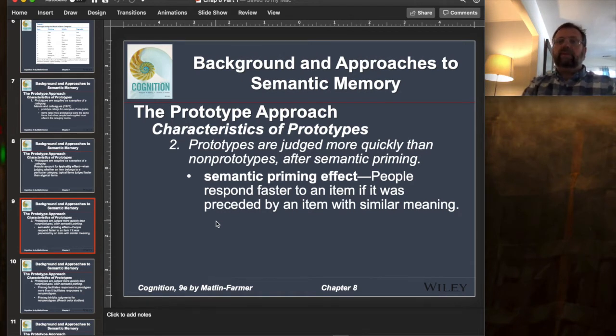So if you prime someone with, say, the word flying, it's much easier to get into the prototype of a bird than some other type of concept. Meanings seem to beget similar meanings, and to retain that specific knowledge.